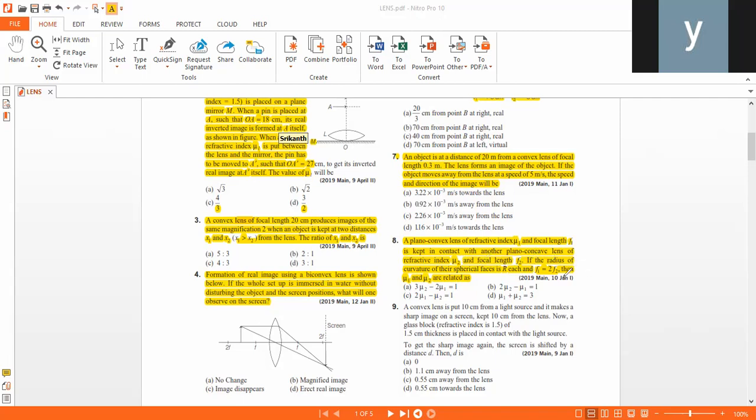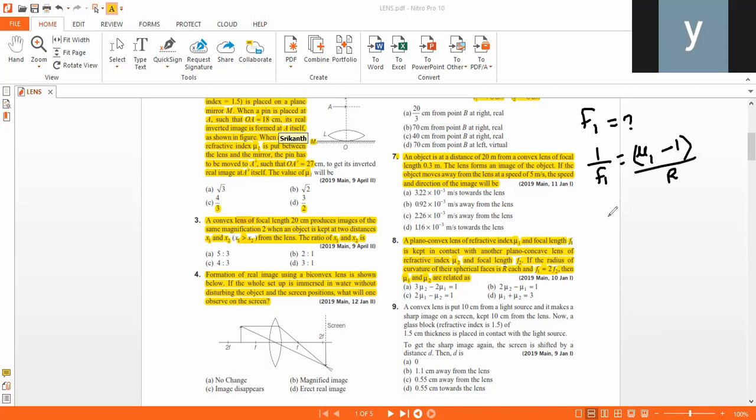If the radius of curvature of spherical surfaces is R and f1 equal to 2f2, then mu1 and mu2 are related by. First, plano-convex lens means 1 by f1 is equal to mu1 minus 1 into 1 by R, right?